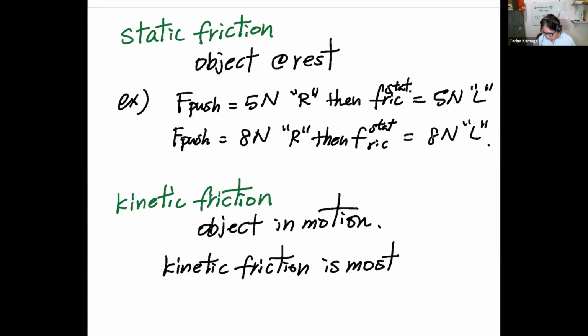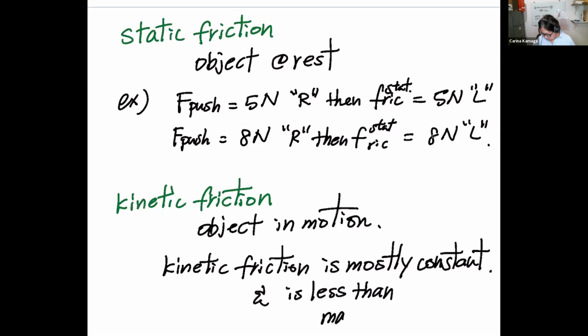It's not perfectly constant. It may vary a little bit, but it's mostly constant and is less than the maximum static friction.